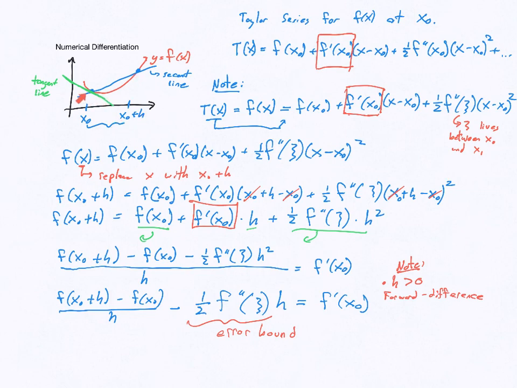Then you get what's called a forward difference. But you can do it in the opposite direction too, and that's called a backward difference. So if h is less than 0, then you get a backward difference.